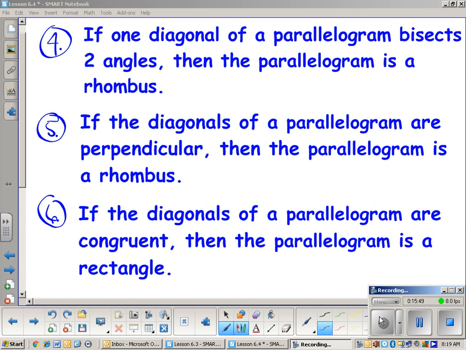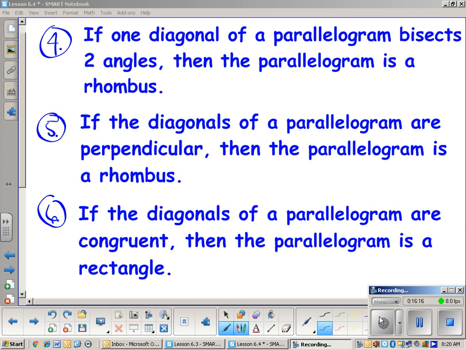That's right. The others start out by saying if these are a rhombus or rectangle, then these three things are true. These go the other way. These are ways to prove that it's a rhombus or to prove that it's a rectangle.